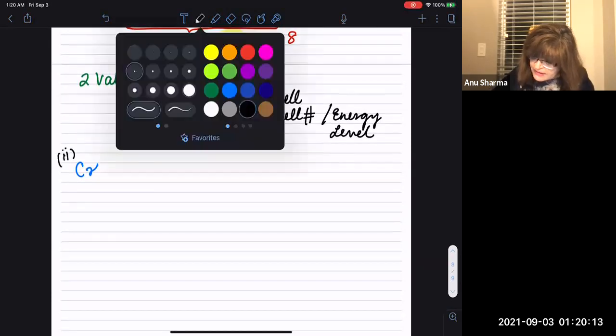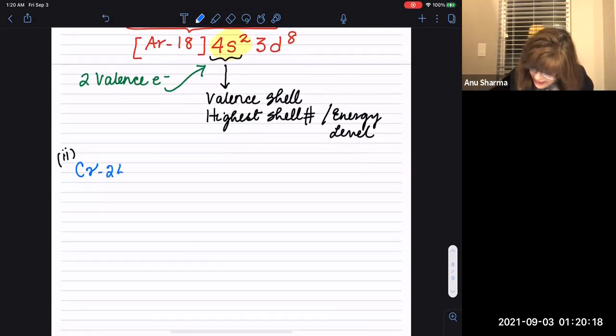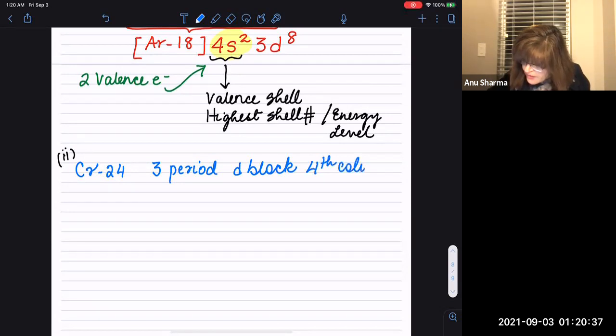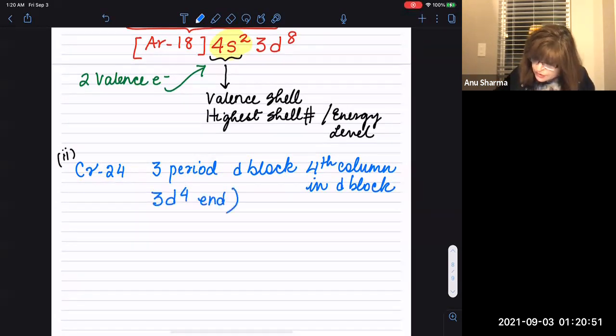Okay, chromium is 24, and this is found in the fourth period and in the D block, and it is found in the 1, 2, 3, 4, fourth column in the D block. Okay, so what do you get here? That means it is going to be 3d4, and this is where it is going to end.